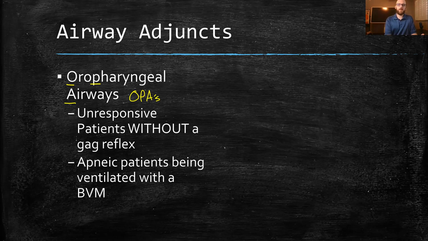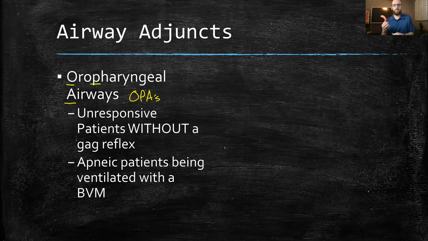So really only unresponsive patients. If they're semi-conscious, they probably have a gag reflex, don't even bother. Right? So it's really what appears to be a fully unconscious, unresponsive patient. And we say, okay, they probably don't have a gag reflex. Let's insert an OPA and find out. Another one is anytime we're ventilating a patient with a BVM, we should really have some sort of adjunct in place.